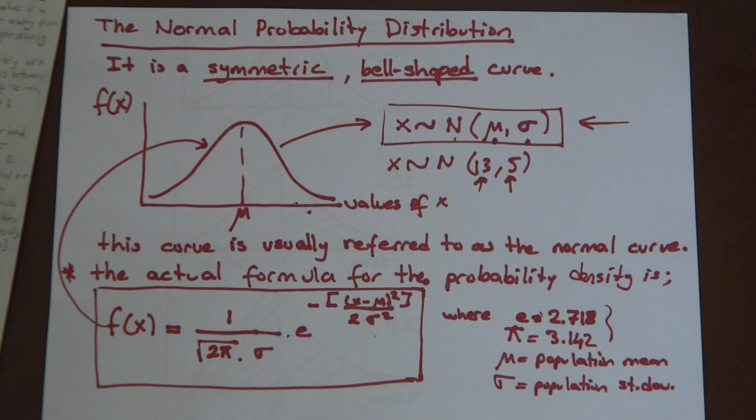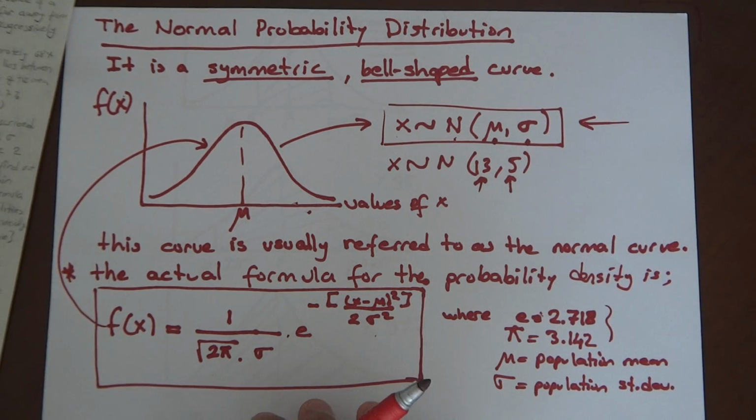However, these probabilities can be easily obtained from a specially prepared table, which is known as the standard normal table. In the next step, I'm going to show you the standard normal table and standard normal distribution. But let me finish the normal probability distribution's properties.